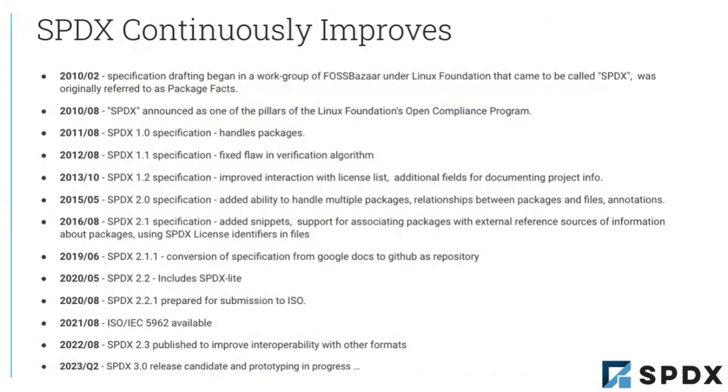So we've had ways of representing arbitrary hierarchies pretty much since the transition over to 2.2, release 2. We've added support for snippets, because bugs, be they licensing or security bugs, are sometimes found in a couple of lines of code that have been copied around the internet, and sometimes we needed to record that. We moved our spec from being a written doc over to GitHub, and it's all there right now on our GitHub repo.